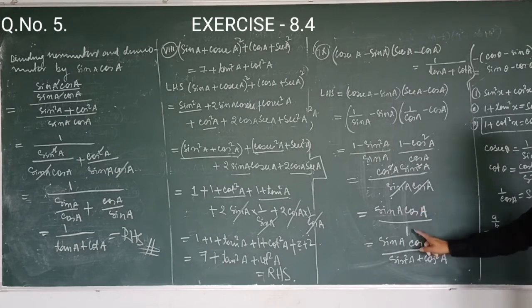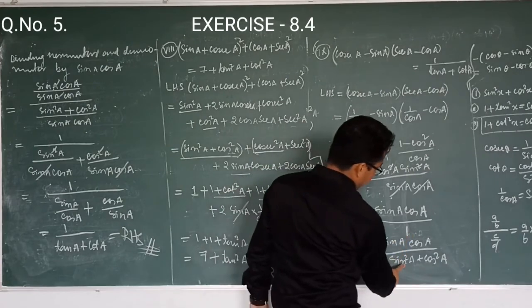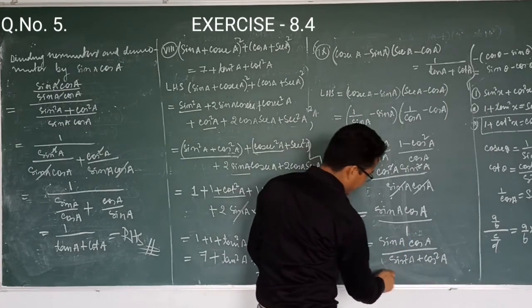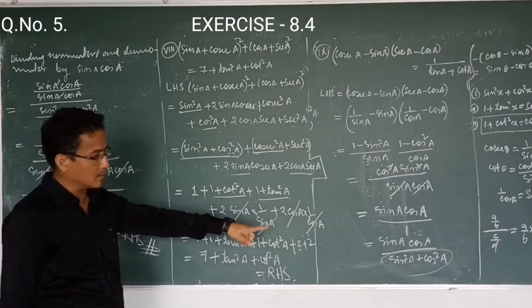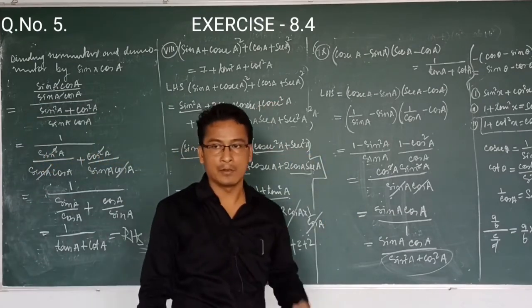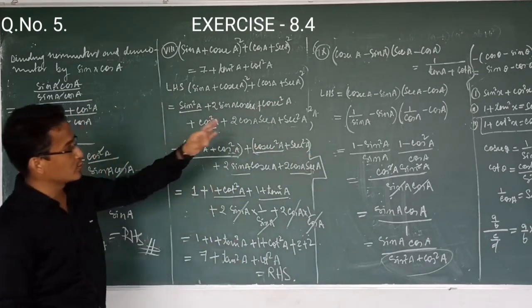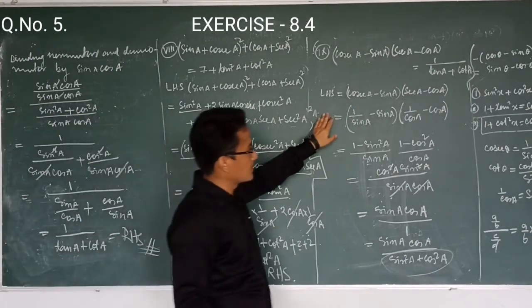This is divided by 1. Now in the place of 1, we will write sin square plus cos square. This step is important. Otherwise, if you do not do this step, then we will go for the right hand side and solve the right hand side once again.